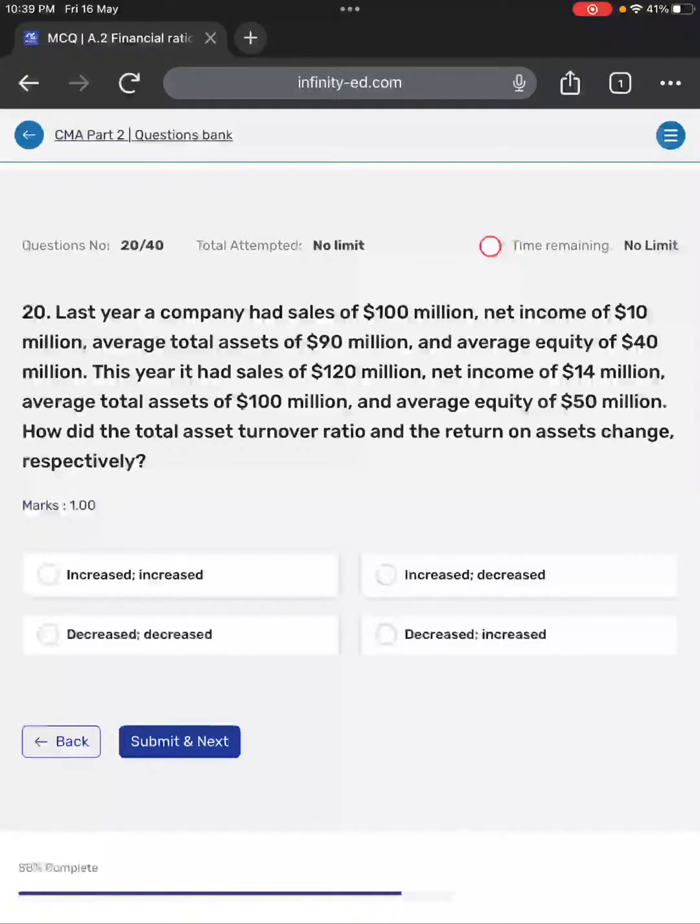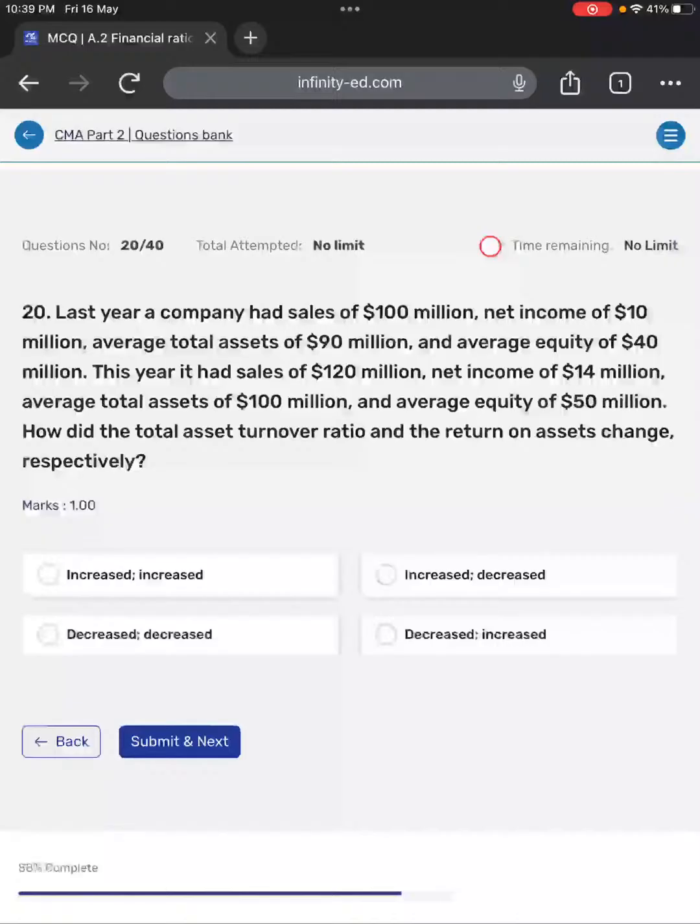Turnover ratio, total turnover ratio means 10 divided by 100. Now the turnover ratio is 14 divided by 120.